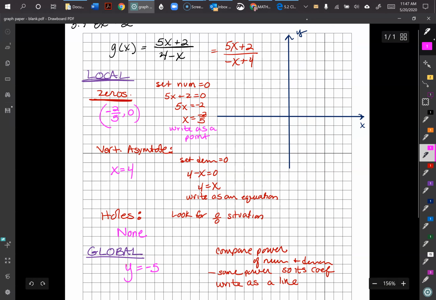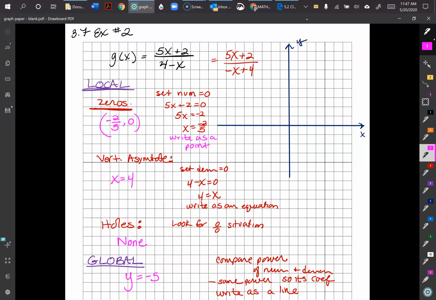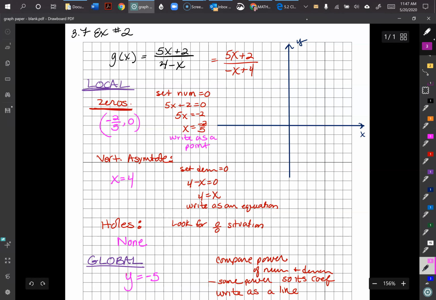Then I'm just going to go ahead and fill all these things in. I'm going to use this marker here. I'm going to plot my 0. So that's right about here. It's hard to judge. Negative 2/5, 0. So that's a point.